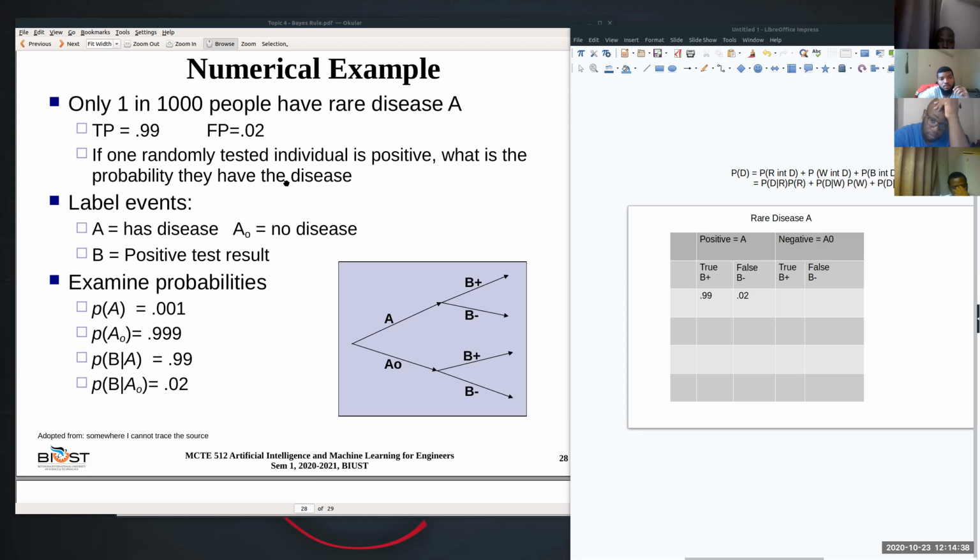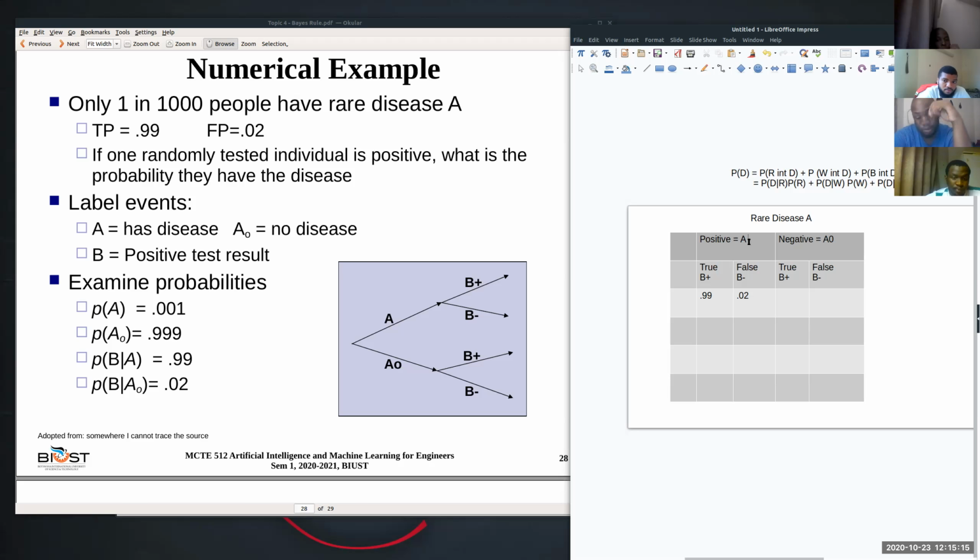So we are looking at what is given to us. False positive, and then false positive. How come this is A0? It has to be A0 here, for false positive. But this is the positive test.